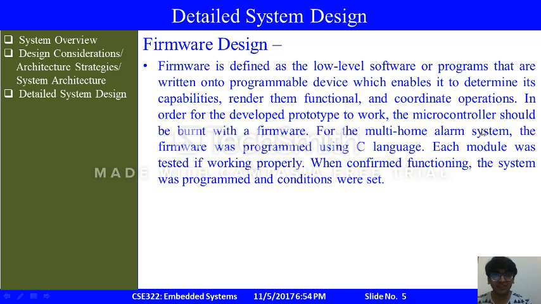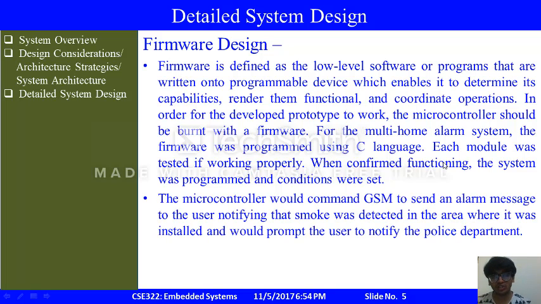In order for the developed prototype to work, the microcontroller should be burnt with a firmware. For the multi-home alarm system, the firmware was programmed using C language. Each module was tested if it was working properly. When confirmed functioning, the system was programmed and conditions were set.